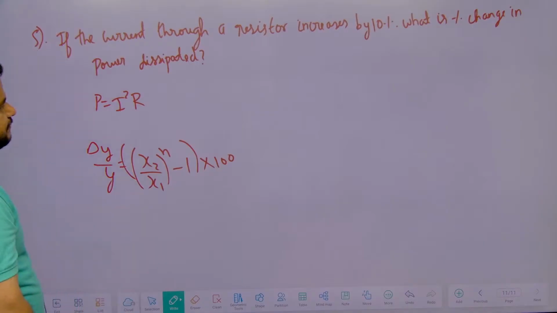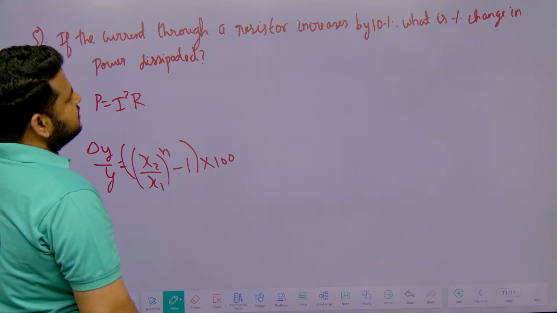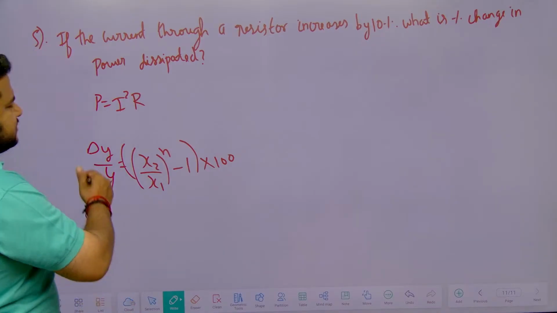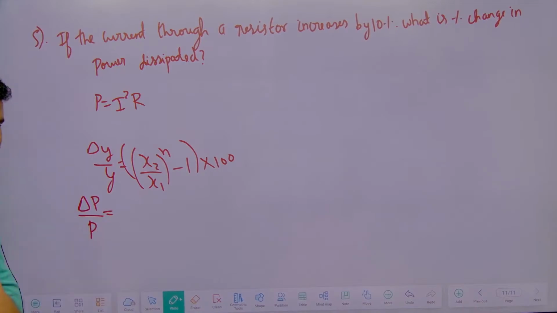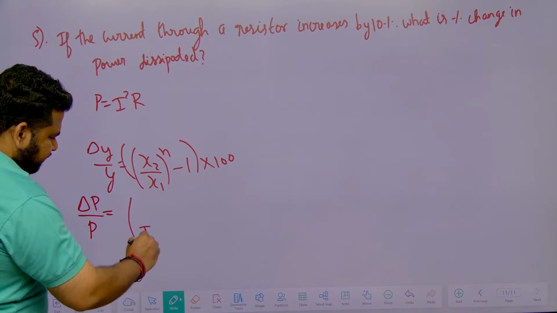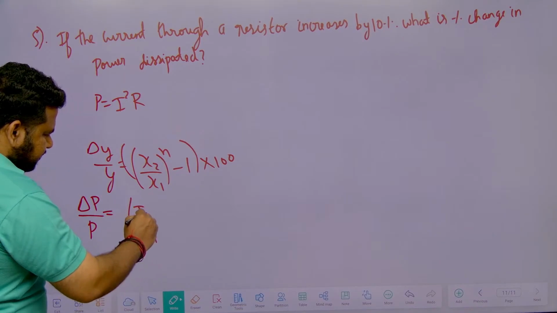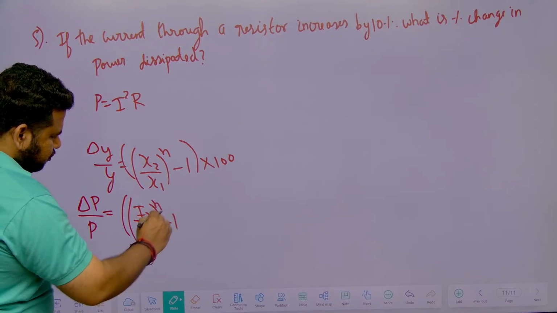Percentage change in power dissipated means we have to find delta P by P. Please focus. So here we will write it as I2 by I1 whole to the power of n minus 1, into 100.